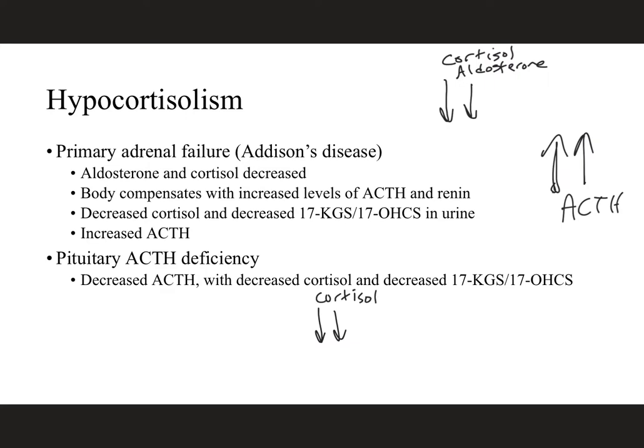Your body will try to increase ACTH, but with a pituitary ACTH deficiency, we also have ACTH being decreased, which ultimately leads to decreased cortisol and then decreased 17-KGS and 17-OHCS, which are metabolites of cortisol. Pituitary ACTH deficiency is usually known as secondary adrenal insufficiency.